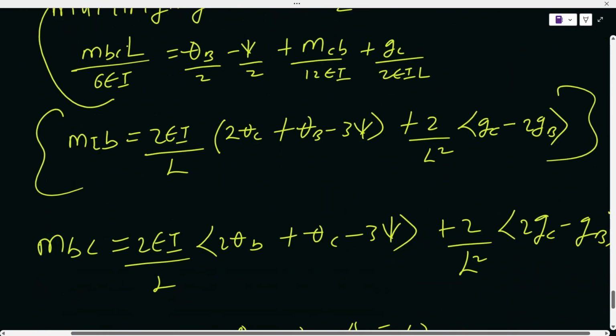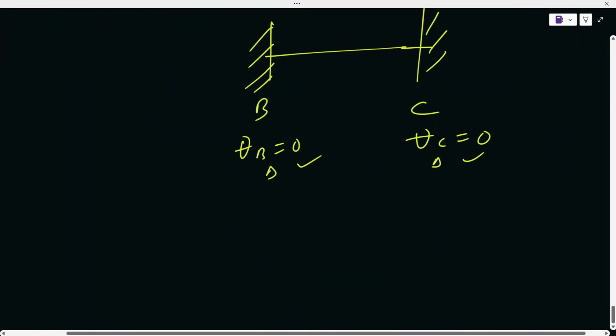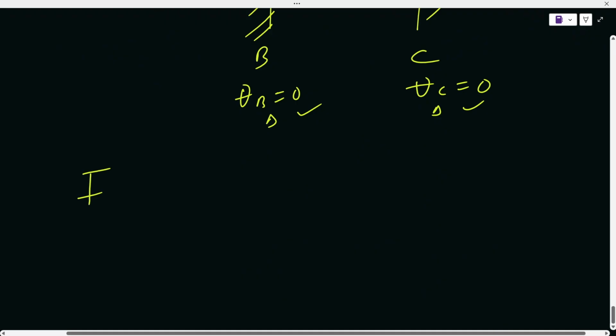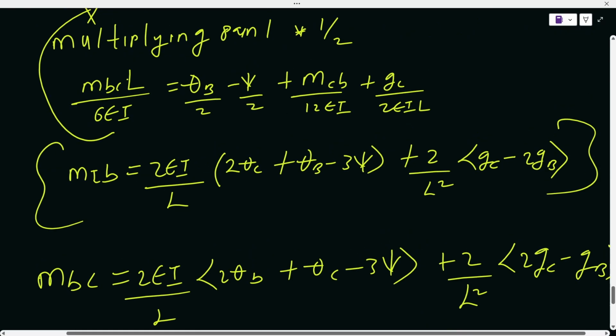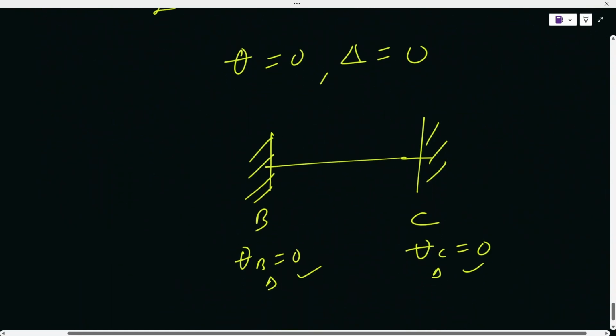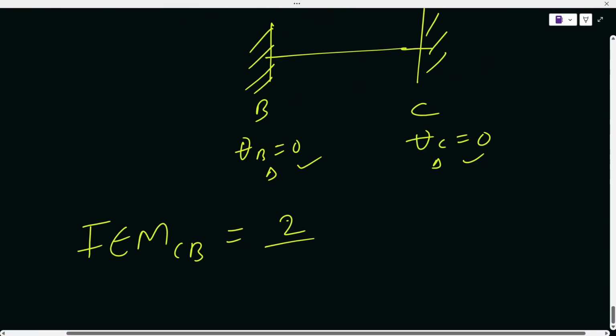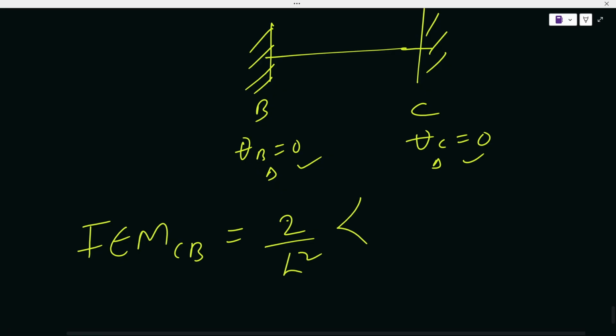So we can convert MCB to a fixed end moment by setting all those to 0. Upon setting everything to 0, I can now say that MCB equals 2 over L square, GC minus 2GB.